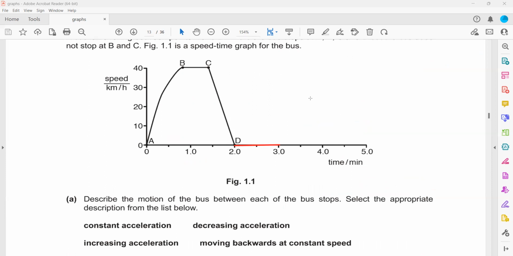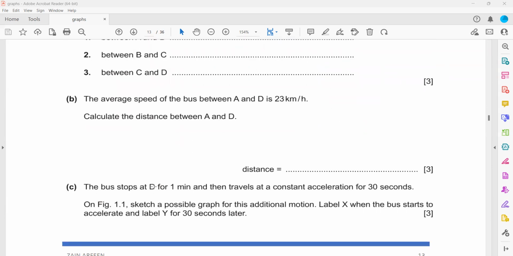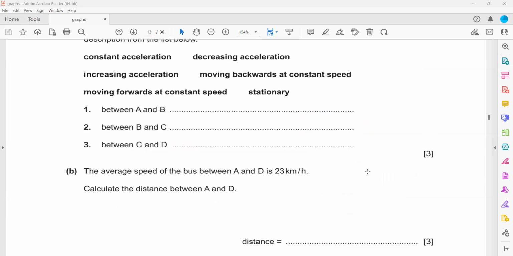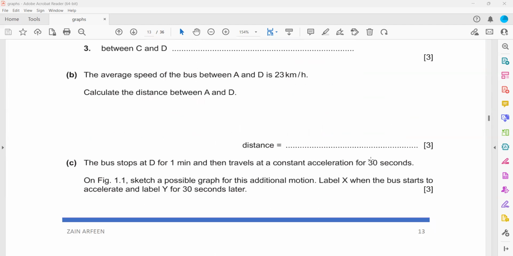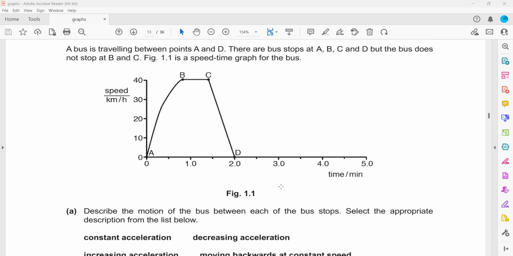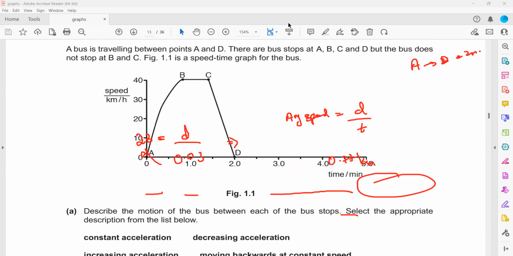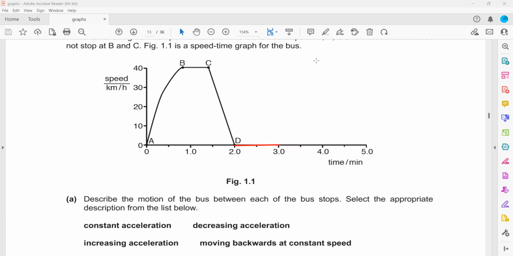Then it travels at a constant acceleration for 30 seconds. And then sketch a possible graph for the additional motion. Label X when the bus starts to accelerate and label Y 30 seconds later. So at D, the bus stops for 1 minute. That is the first part.